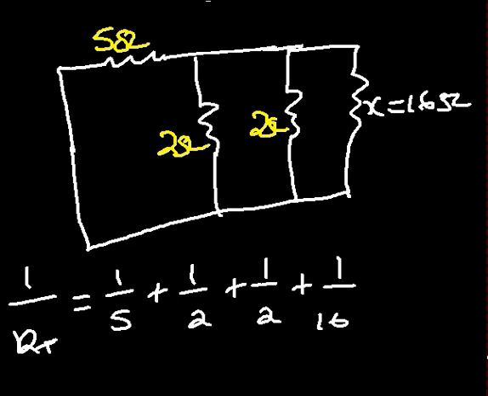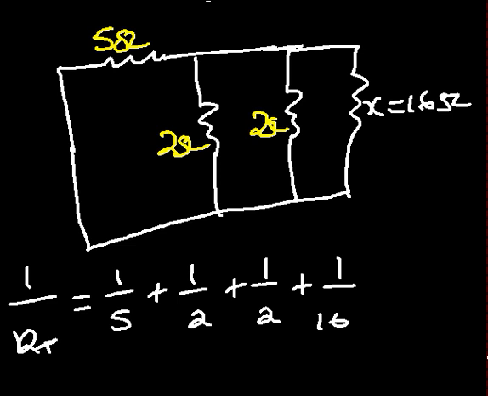So what would be that one? Let me just use the calculator there. So we'll have 1 over 5 plus 1 over 2 plus 1 over 2 plus 1 over 16.